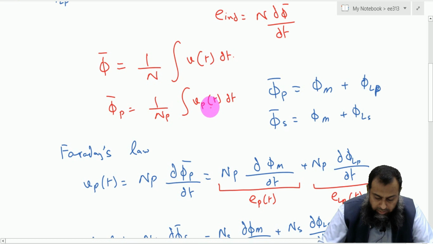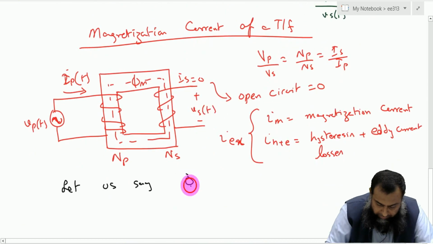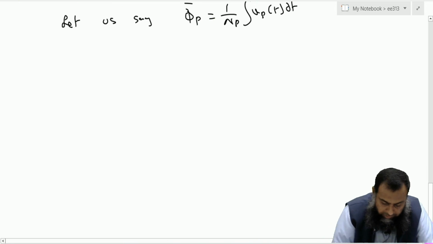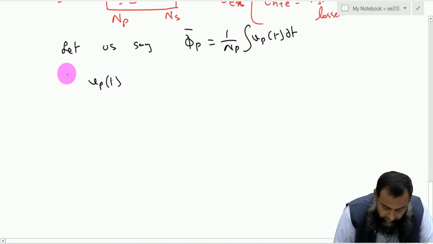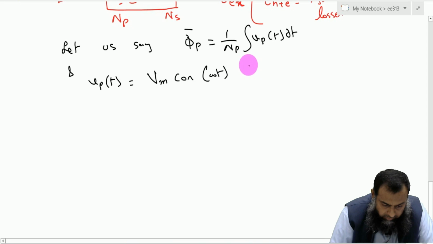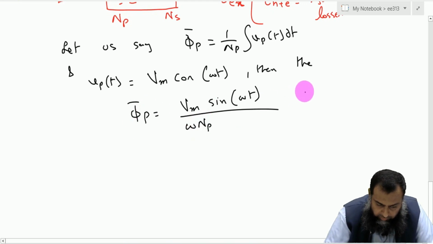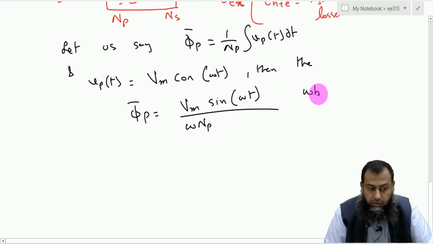So if we say that we have phi p equals 1 over NP integral Vp(t) dt, and we also say that this Vp(t) is equal to Vm cosine of omega t, then the flux phi p becomes equal to Vm sine omega t divided by omega NP, and this will be in Webers, because this is the flux.